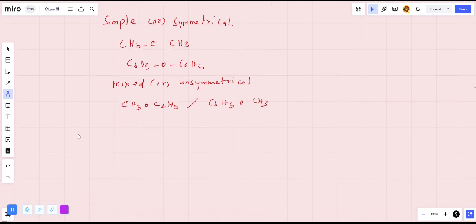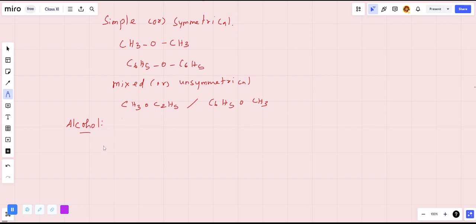The first one is alcohol. Up to this, any doubt for anyone? Okay. So we'll see about it. First, we have seen alcohol classified as mono, di, tri, and polyhydric alcohol, based on 1, 2, 3 OH groups, isn't it?